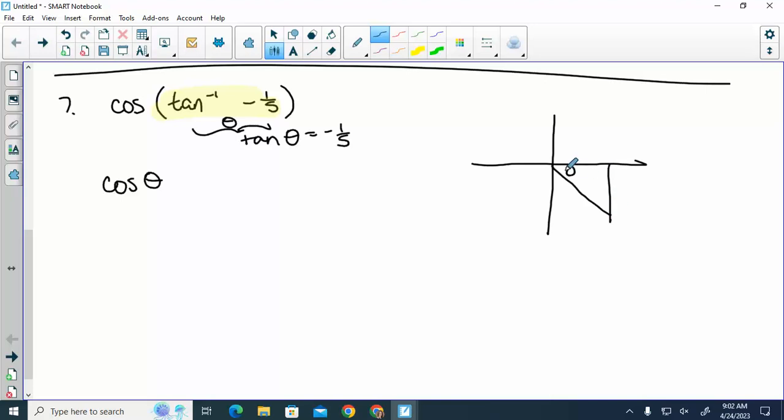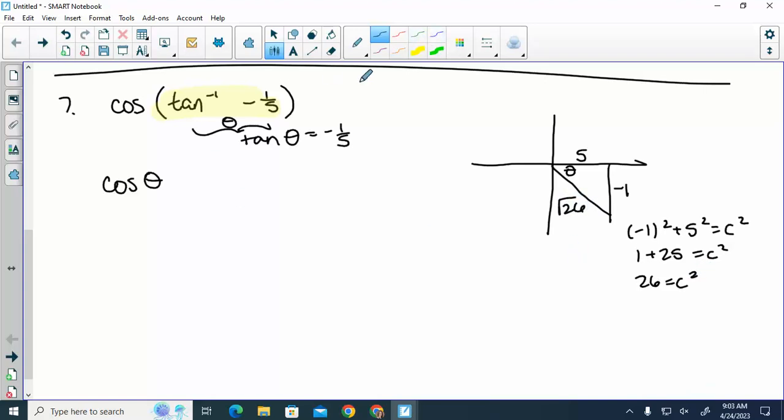Okay, so my angle comes out from the center. Remember, tangent is opposite over adjacent. So the opposite side is the negative side because it's going down. My adjacent would be 1. So then we do the Pythagorean theorem. This missing side is the square root of 26.